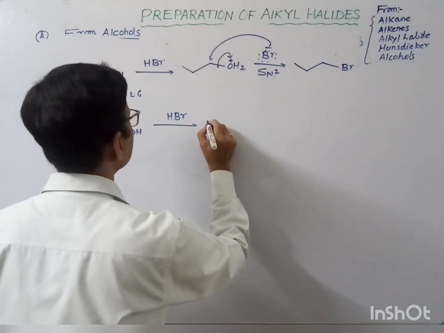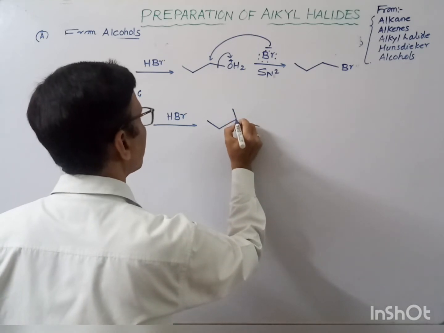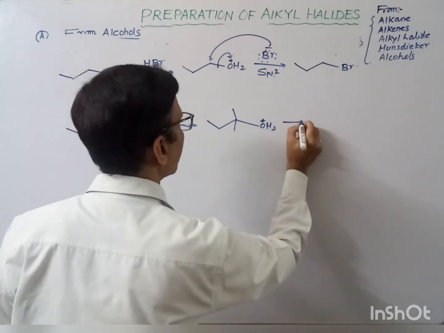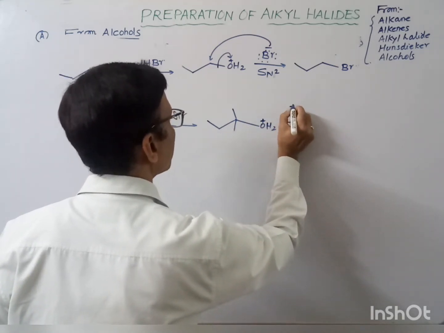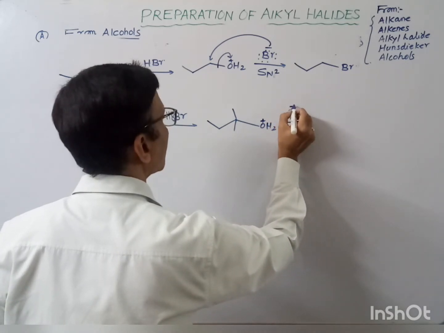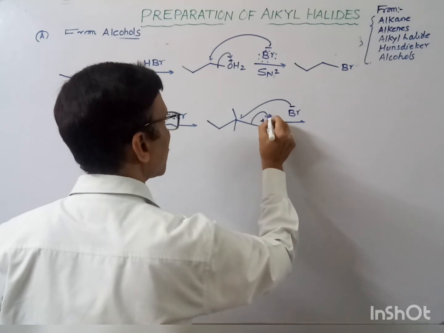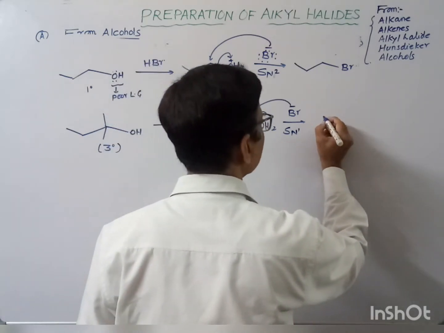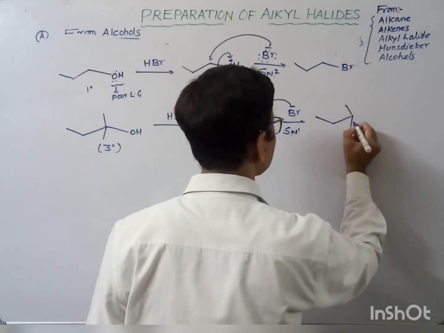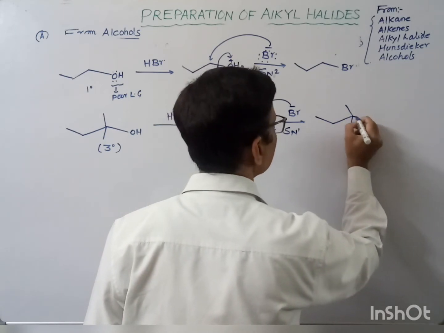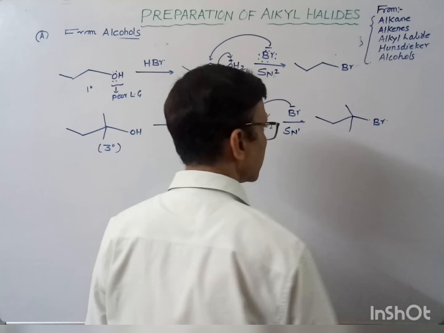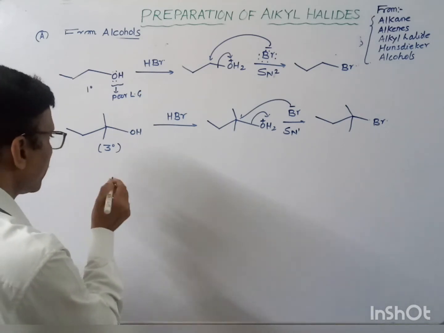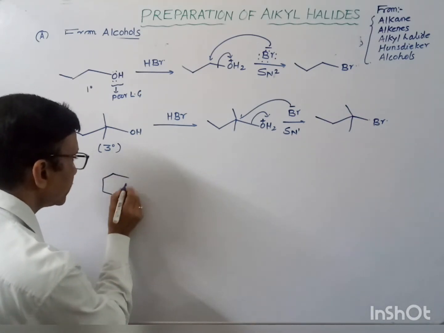Then in that case, this will follow the SN1 pathway, meaning formation of a carbocation will first take place, and then we will get the alkyl halide.